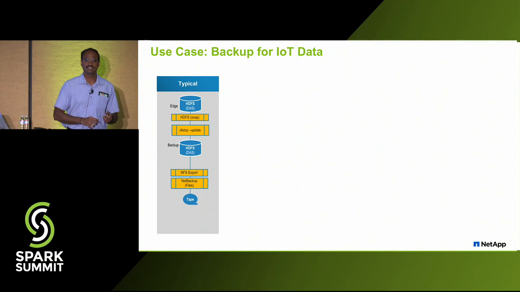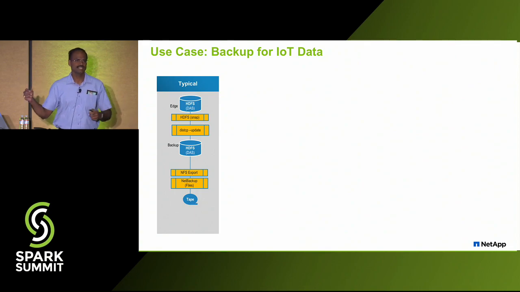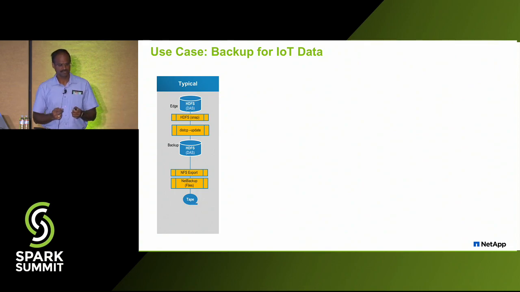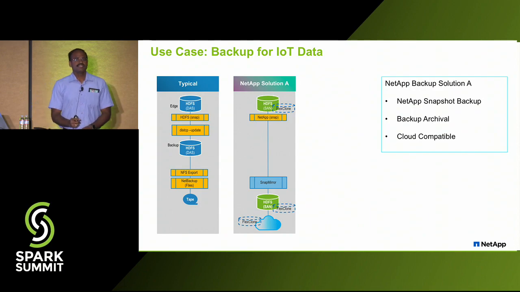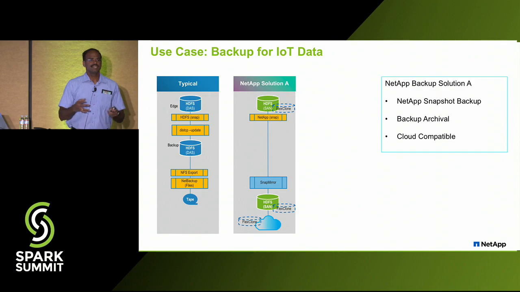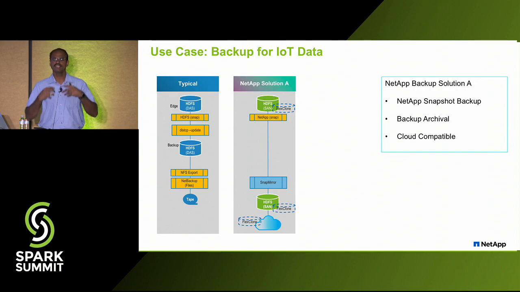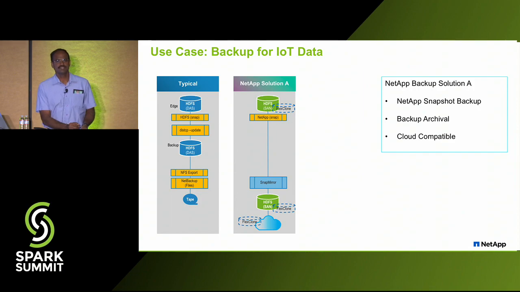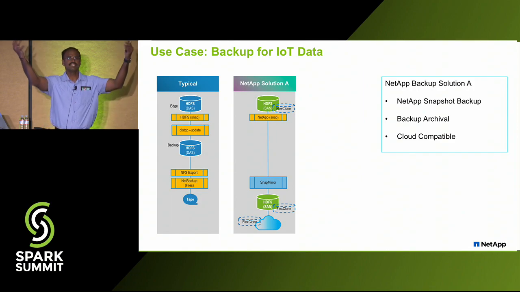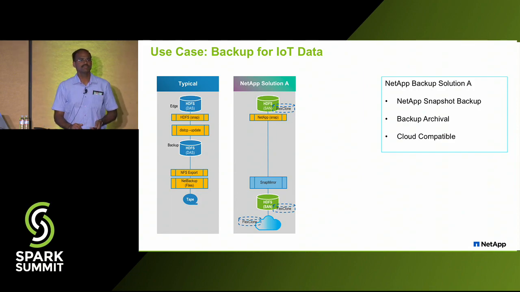How do we address that? There are multiple solutions. We just pick two. One is solution A. Instead of using local storage, NetApp storage is directly provisioned into JBOD servers, and the data is written directly into the NetApp storage on the HDFS file system.